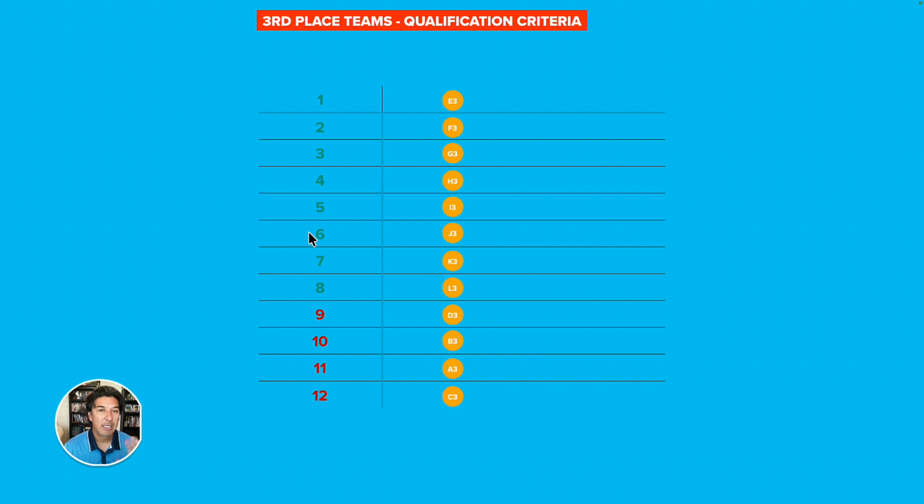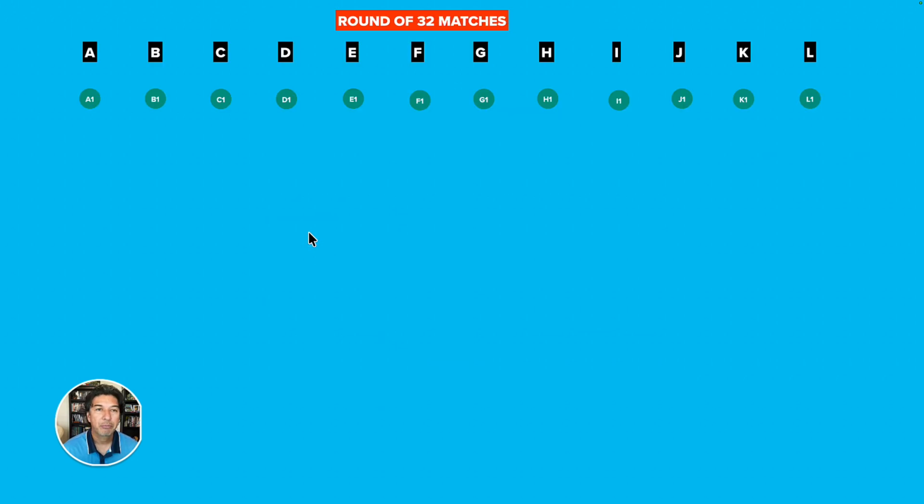So far, this is easy. We create a table. We have 5 different criteria to determine who moves on and who doesn't. Pretty simple. But now this is where we start having a problem, because we have 12 group winners and only 8 third place teams. So who gets a third place team as a rival in the round of 32?